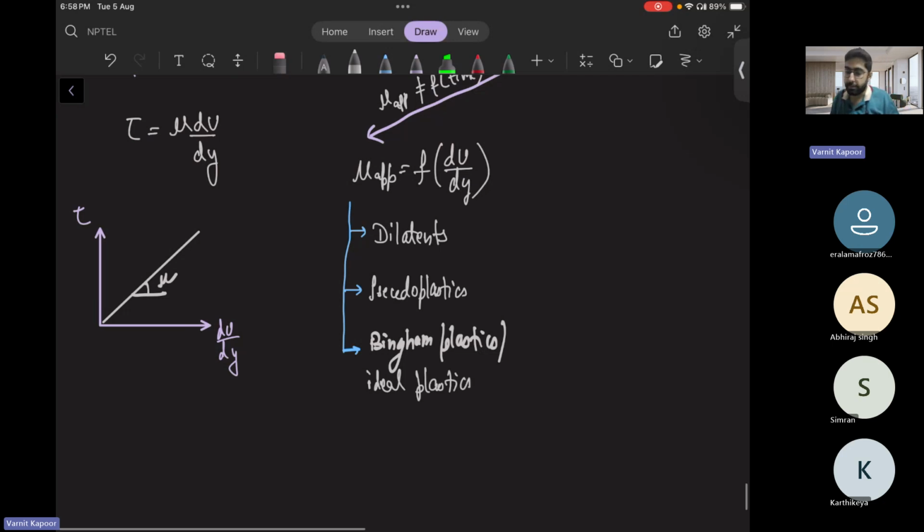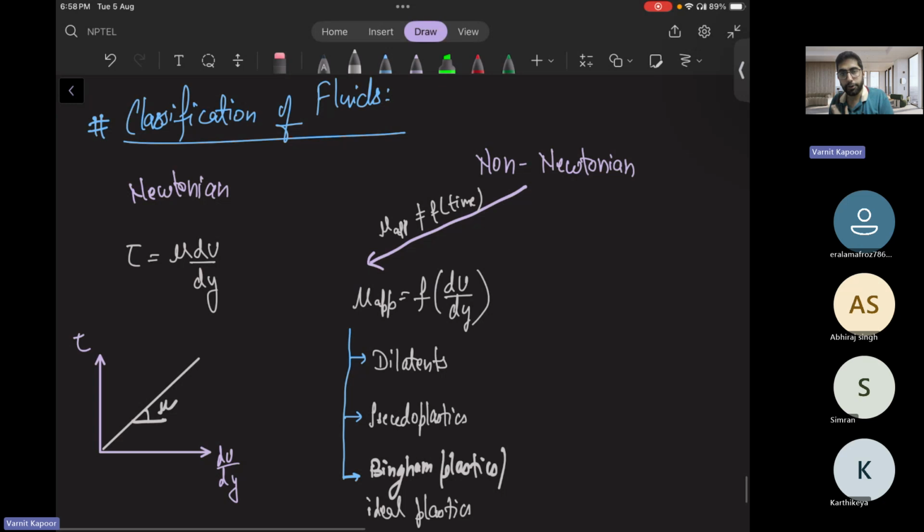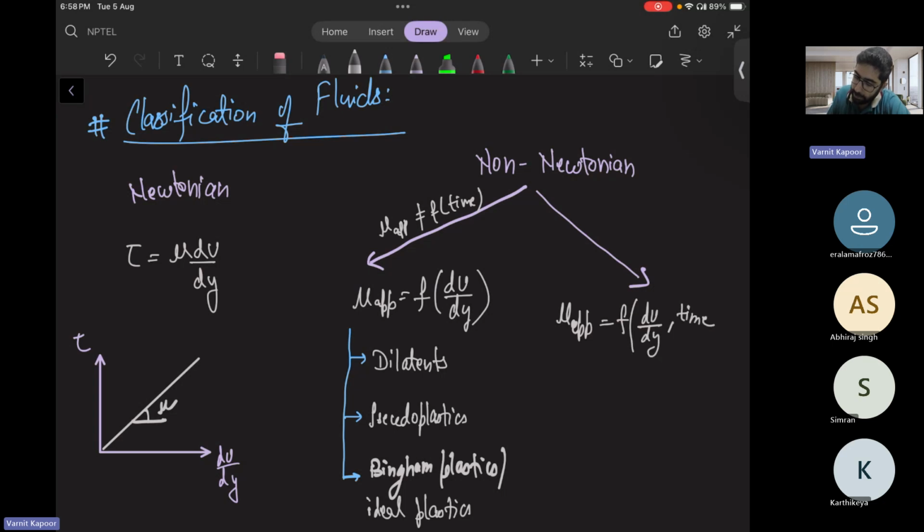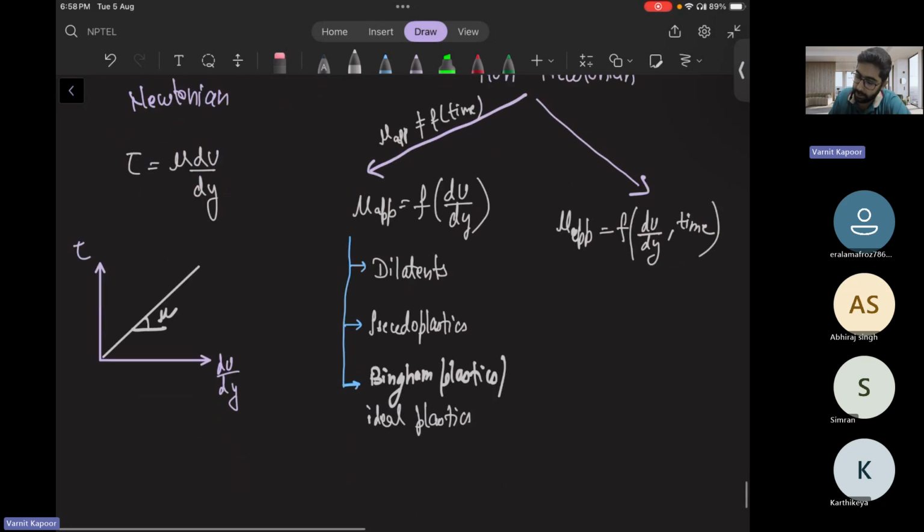Those fluids under the non-Newtonian category which are a function of both velocity gradient and time have mu apparent as a function of both, so with time the viscosity also changes. These are categorized in two ways: thixotropics and rheopectics.